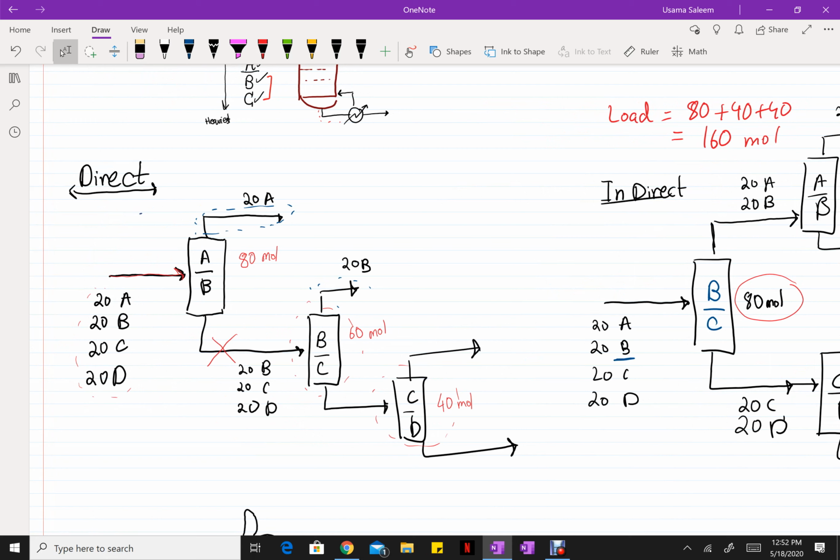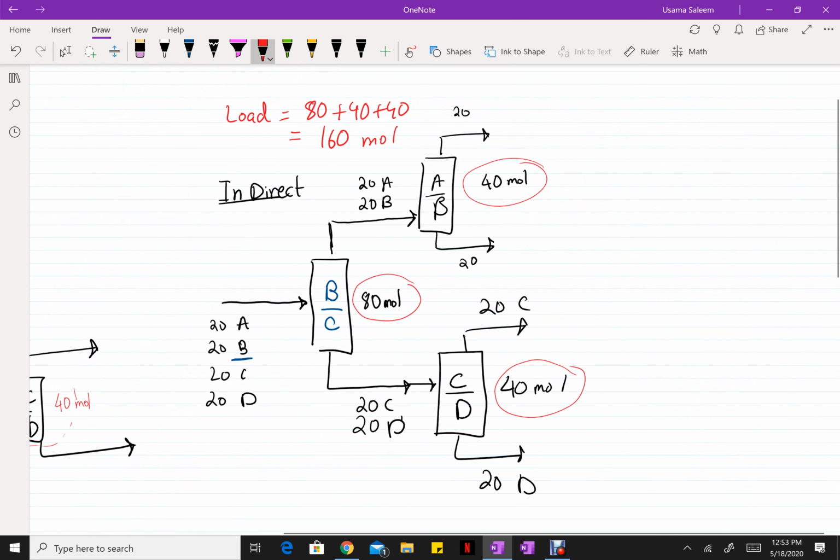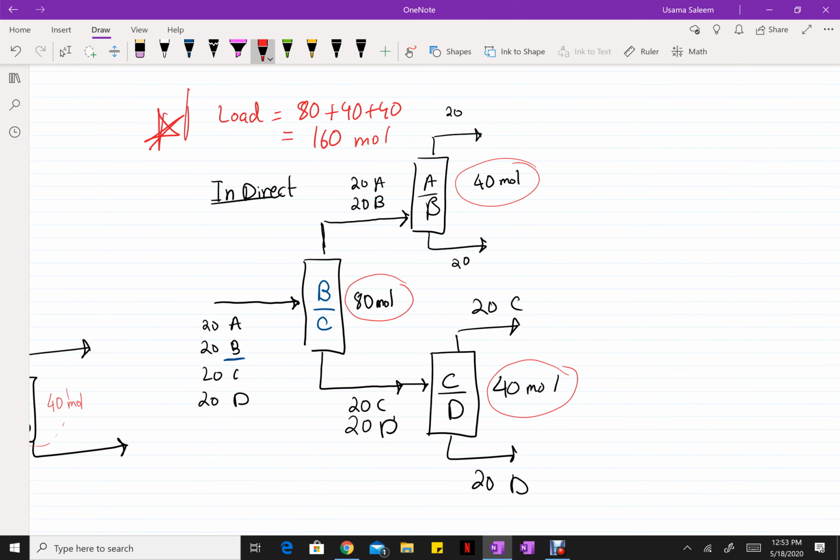Compared to this distillation train, we have 80 plus 60 plus 40, a total of 180 moles. So this sequence is processing 20 fewer moles.